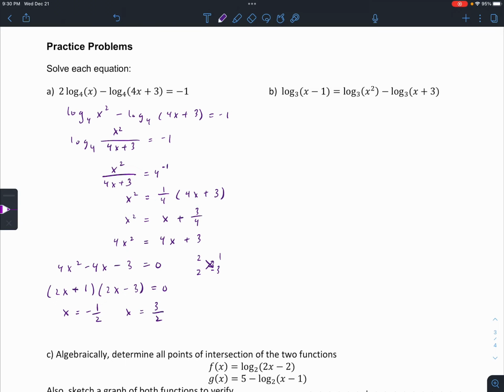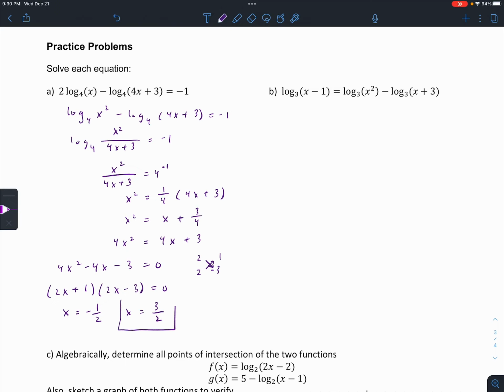In terms of restrictions, x cannot equal negative a half because of this log here, we can't have a negative argument, right? So we would exclude that value.